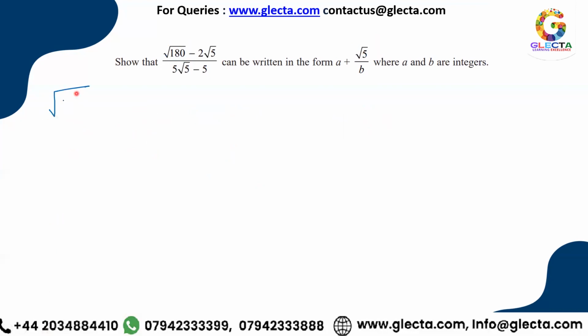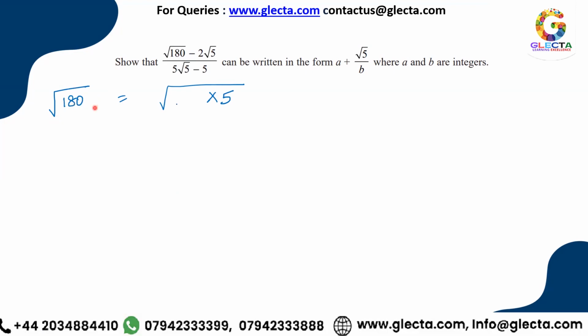All right, so surd 180. How can I write it as a multiple of 5? Something times 5. Now divide 180 by 5. Although this is a calculator paper that we are doing, over here you can do it mentally as well. 180 divided by 5. Whenever you're dividing something by 5, mentally just double it up.